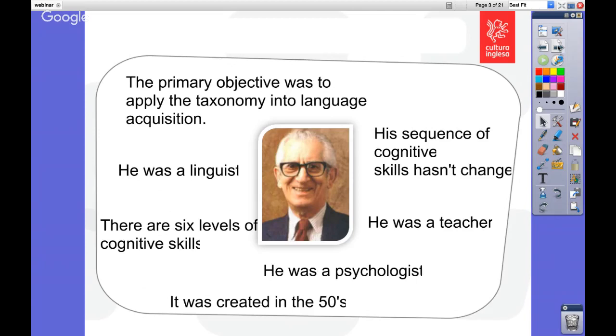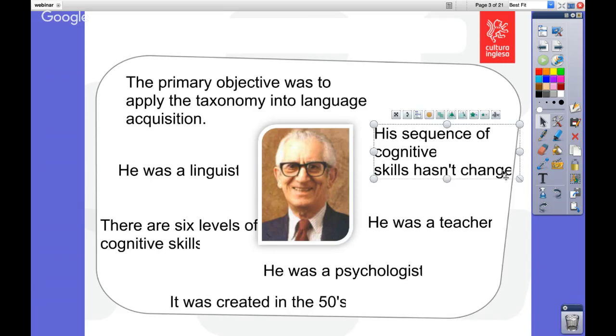Okay? So if you thought he was a psychologist, you're right. He was a psychologist. He was not a teacher. He was not a linguist. His idea was to try to use his studies to enhance educators to have a better job in their classroom. And it was created in the 50s.